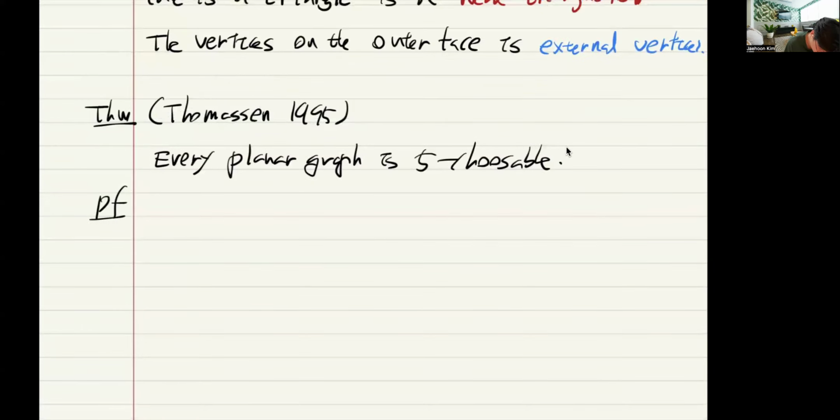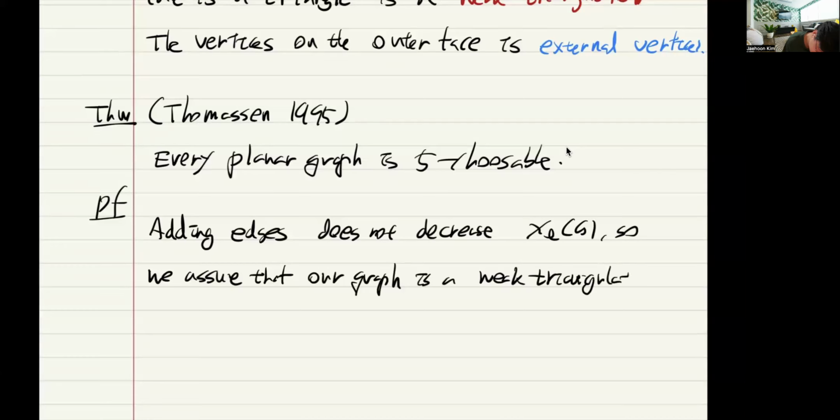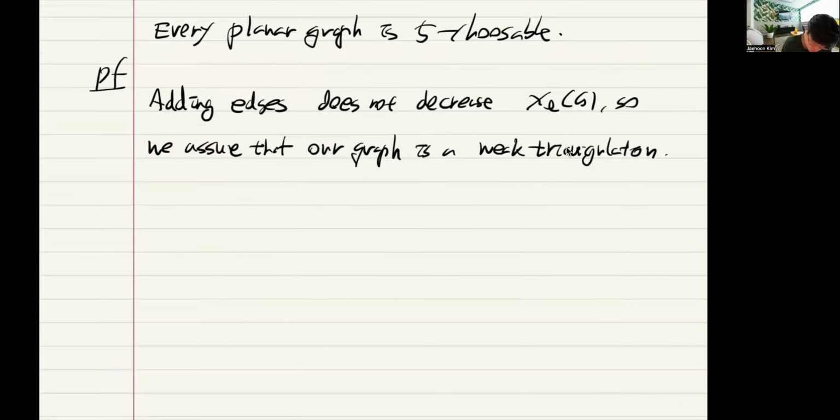So we want to prove this. First, we know that adding edges does not decrease the list chromatic number. So we assume that our graph is a weak triangulation. As long as we prove the statement for weak triangulations, we are done.